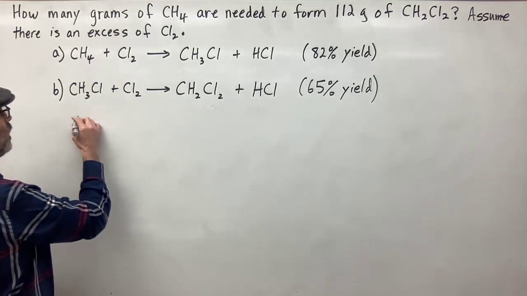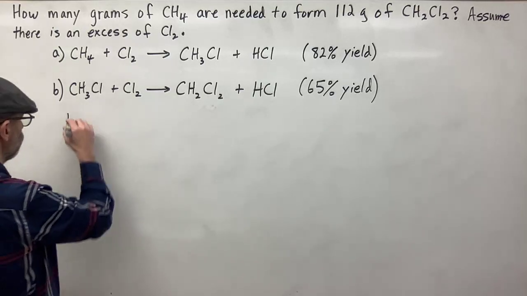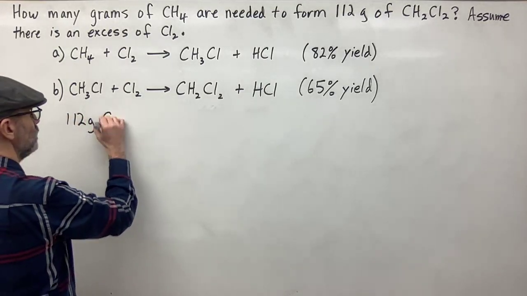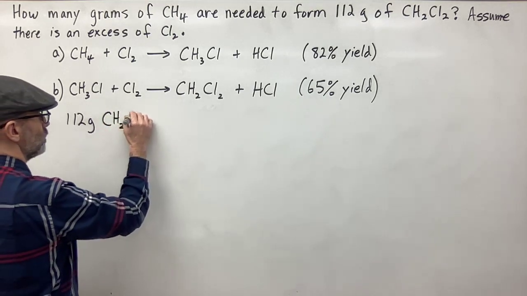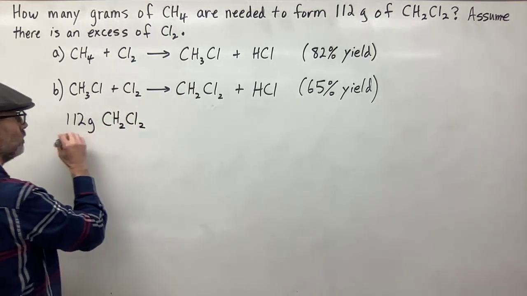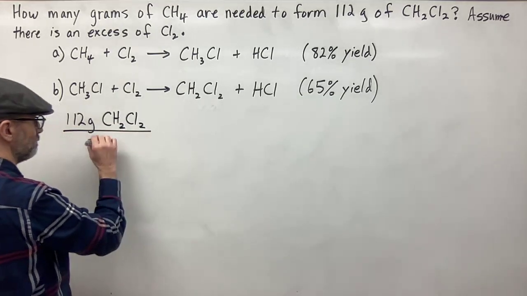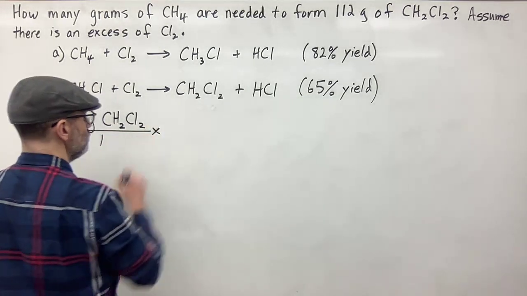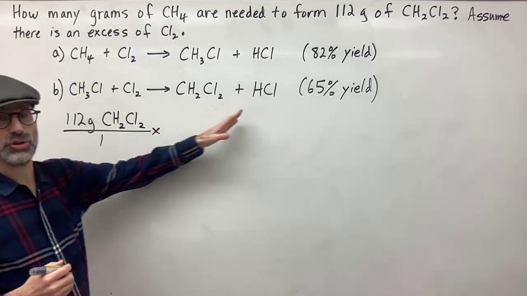So we're going to start with 112 grams of the CH2Cl2, dichloromethane. And we want to use stoichiometry.